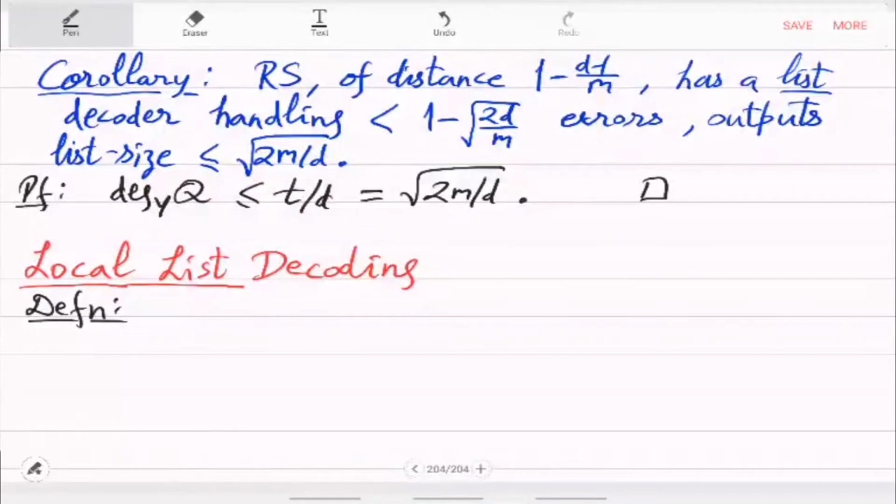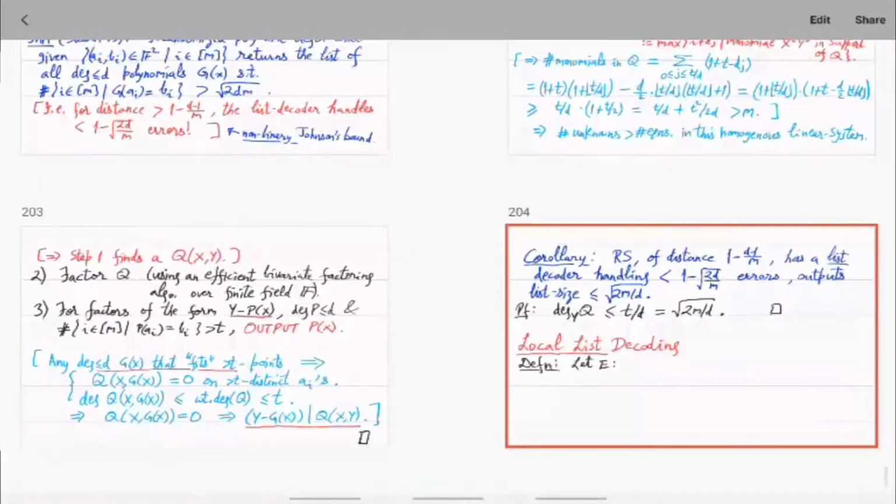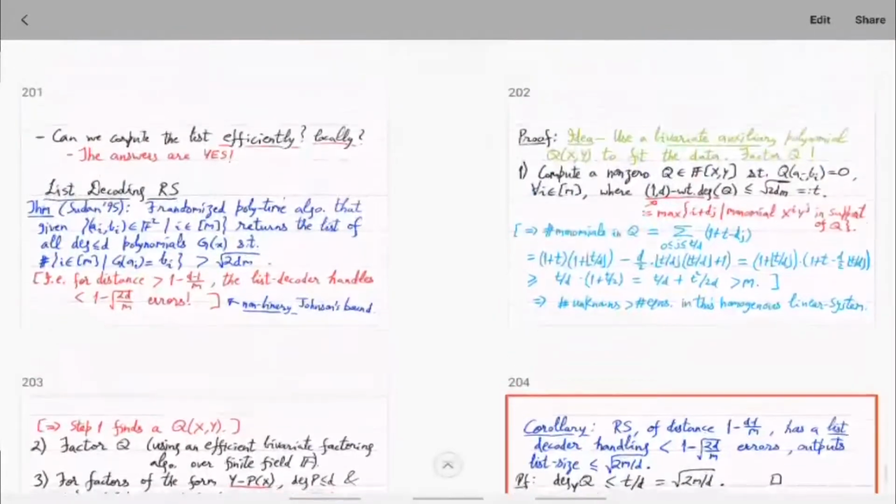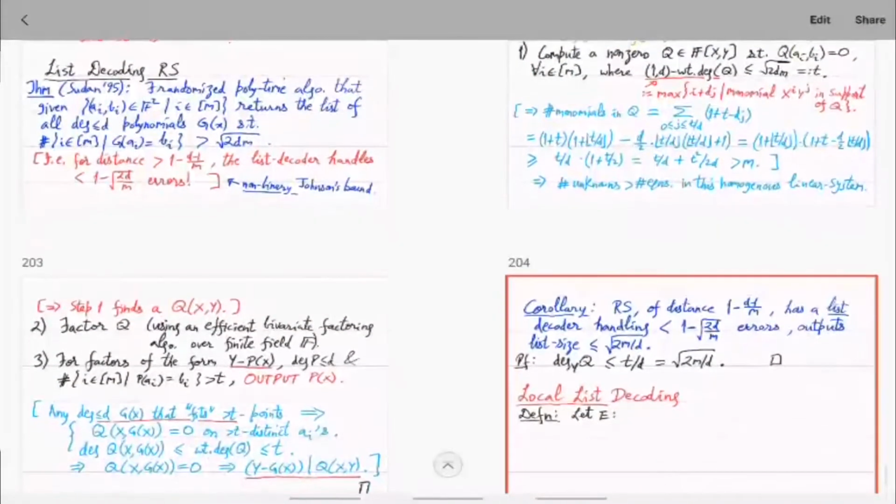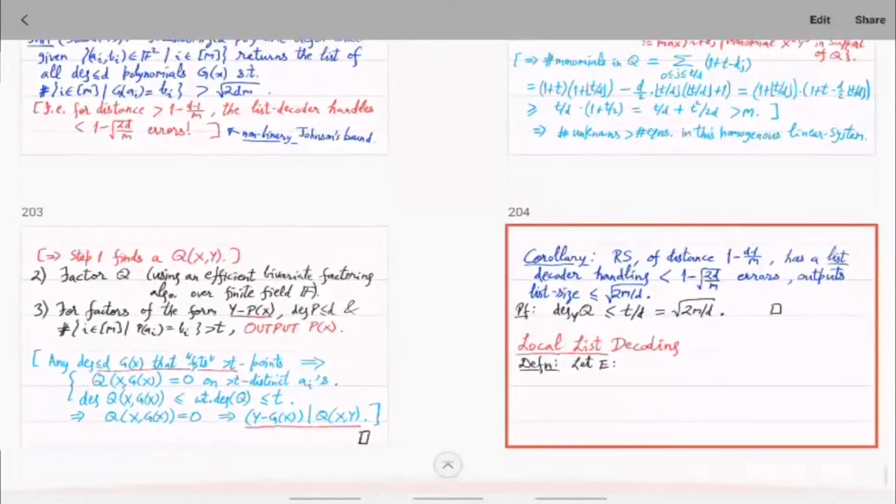The focus will also be on the queries made. So remember that this Reed-Solomon that we did was not local, because we actually fitted the whole data to find Q, right? So we were actually querying everything. This is what we want to improve upon.